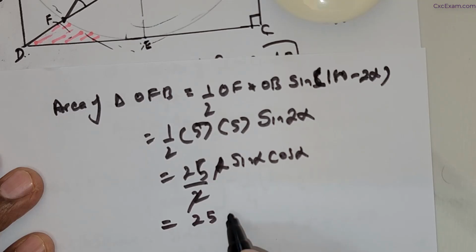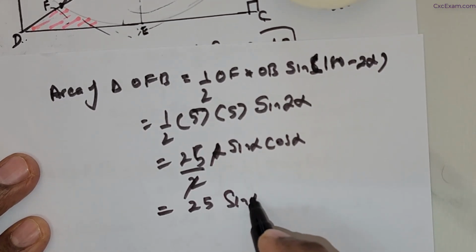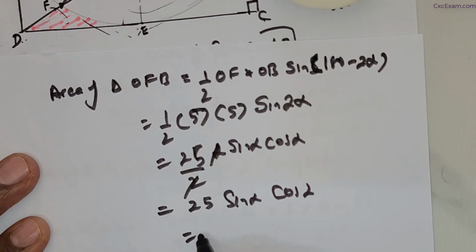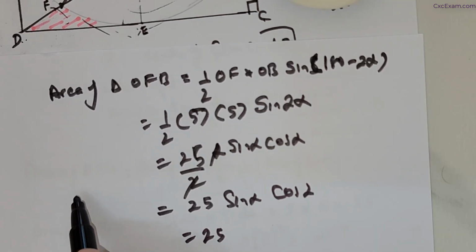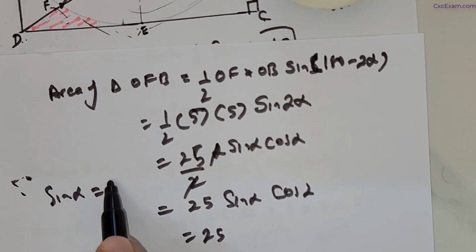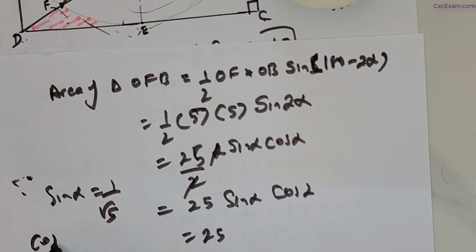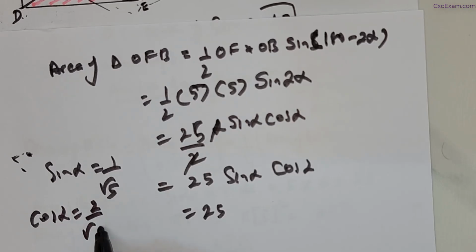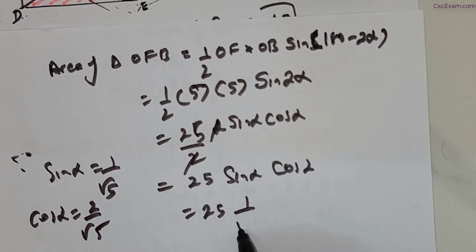It's going to be 25 times sine alpha times cos alpha. What did we get for sine alpha? Sine alpha is 1 over root 5 and cos alpha is 2 over root 5, right?